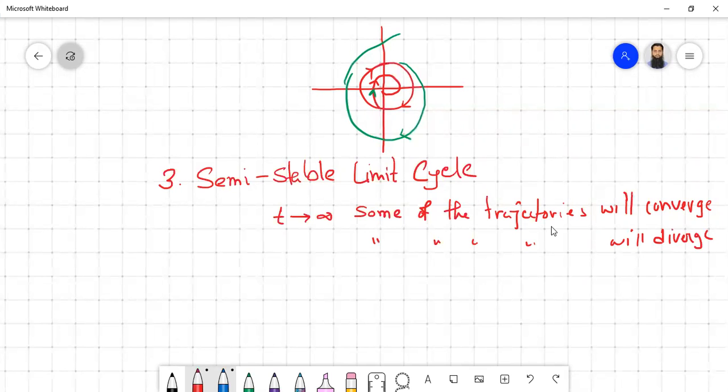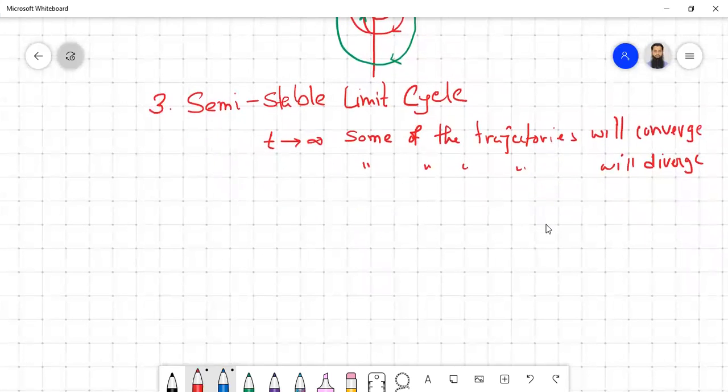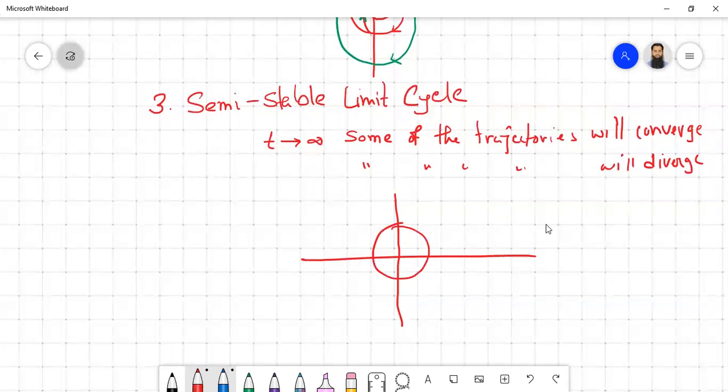Okay, so let's try to represent it graphically. So this is our limit cycle. Outerwards, it will always be converging.